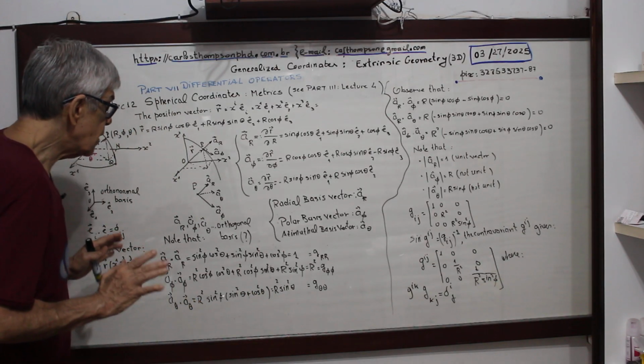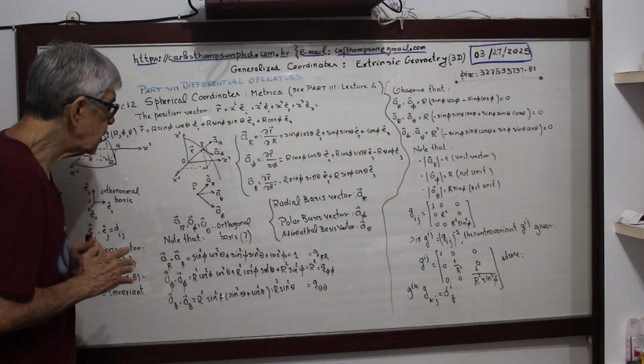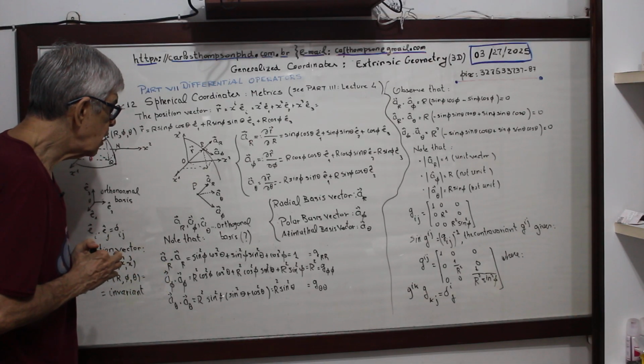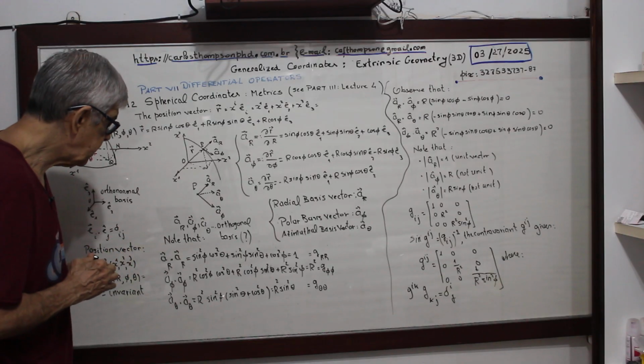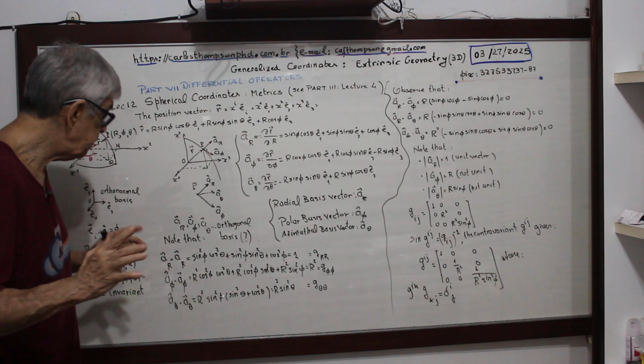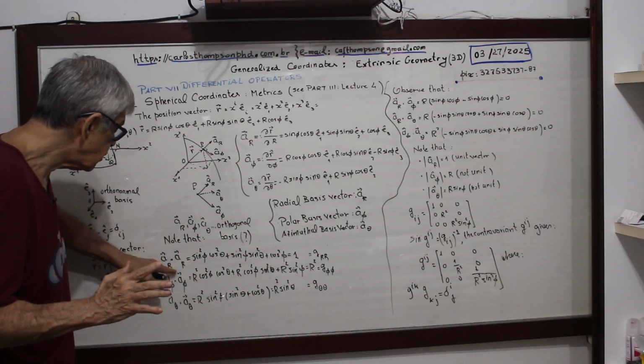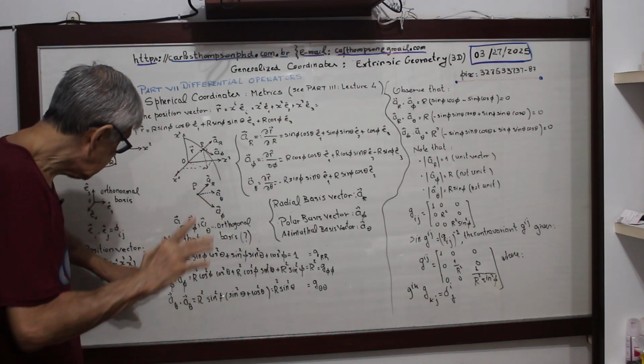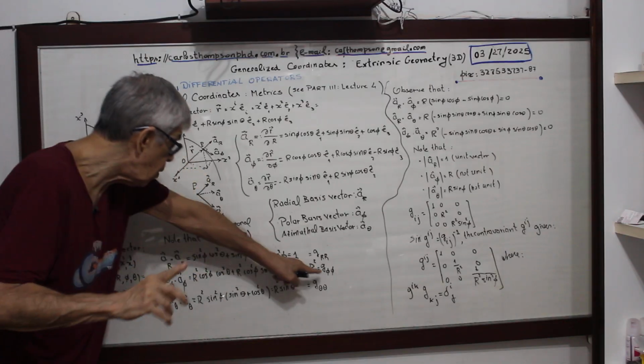I didn't prove yet if they are orthogonal. For sure, they are not orthonormal because this dot product is 1, it's okay, but this dot product is not 1.